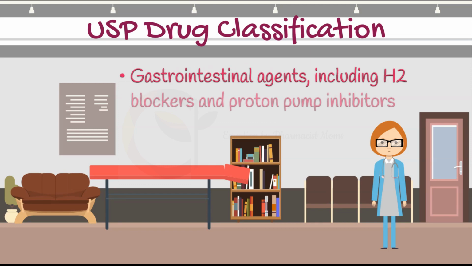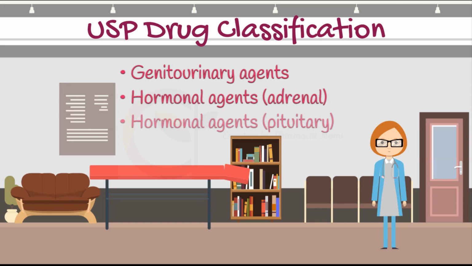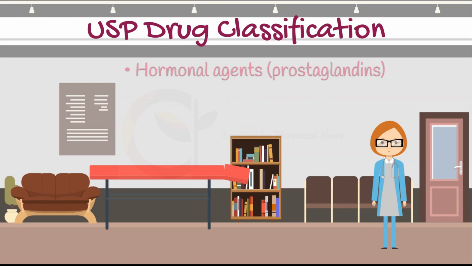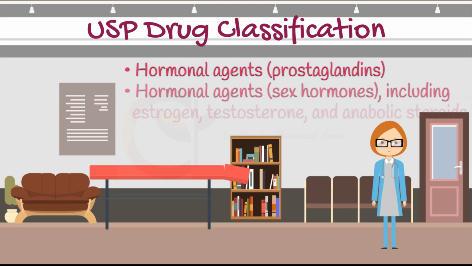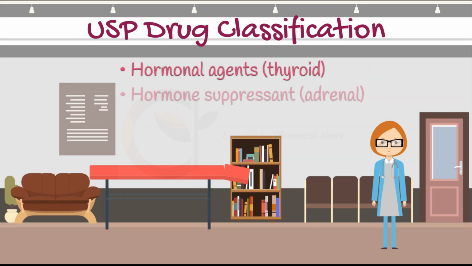Gastrointestinal agents, including H2 blockers and proton pump inhibitors. Genitourinary agents. Hormonal agents, adrenal. Hormonal agents, pituitary. Hormonal agents, prostaglandins. Hormonal agents, sex hormones, including estrogen, testosterone, and anabolic steroids. Hormonal agents, thyroid.